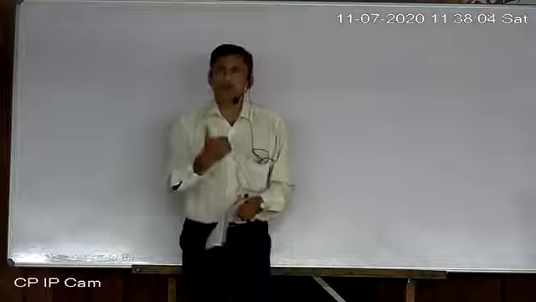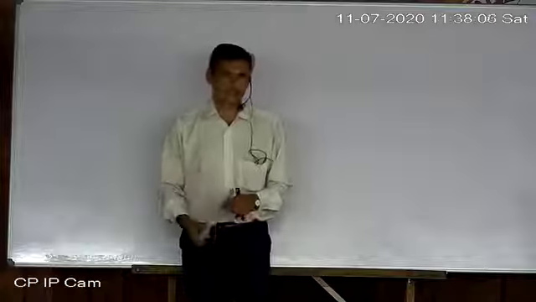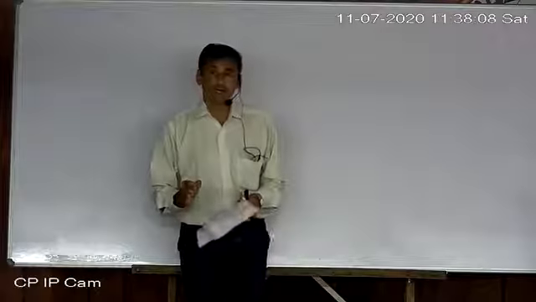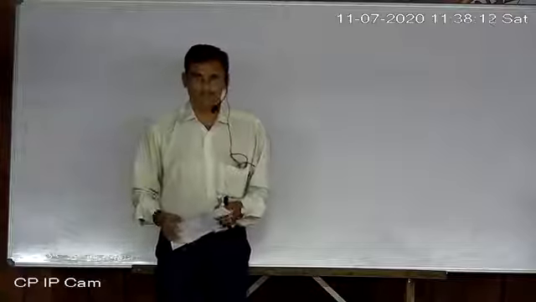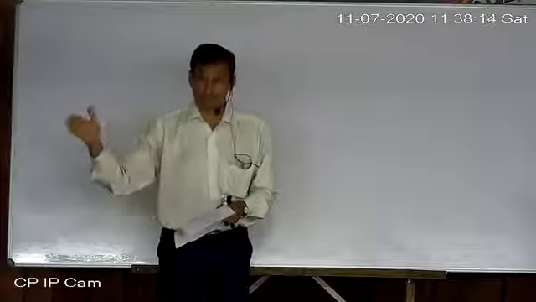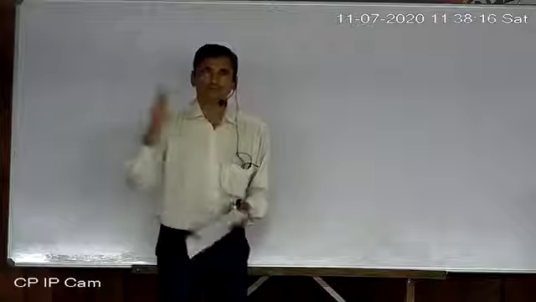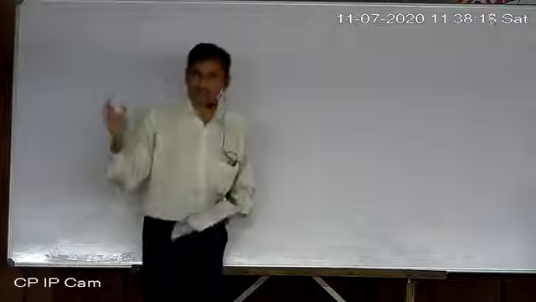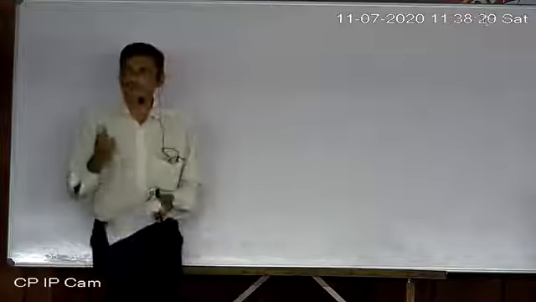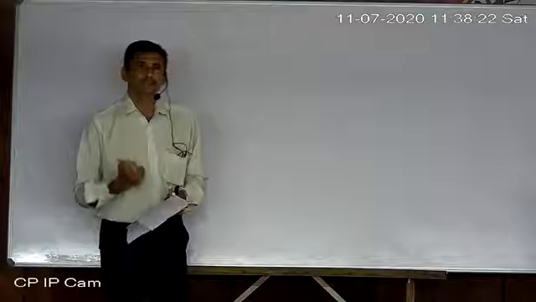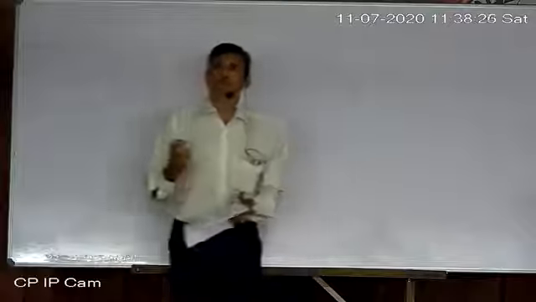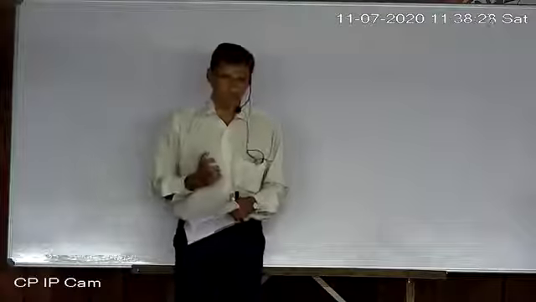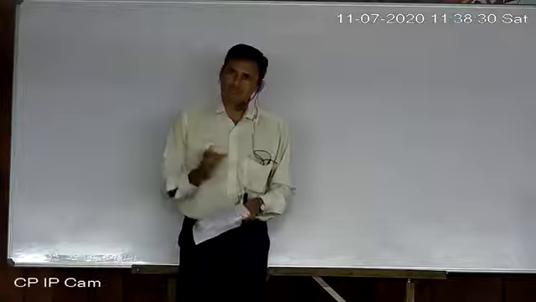Now onward, in the next exercise, we will find the sum up to a particular term. From the first to the fifth term, the first 10 terms, the first 15 terms, the first 20 terms. So how to find the sum up to a particular term? That is our today's topic.